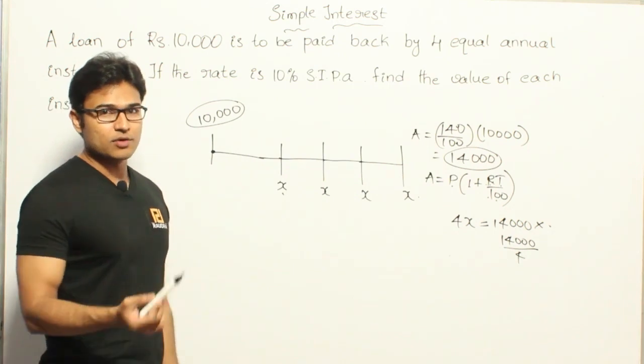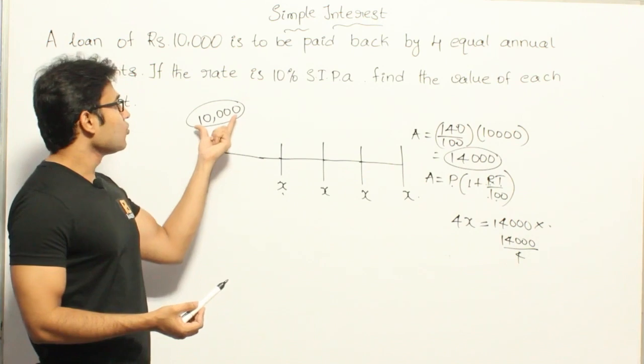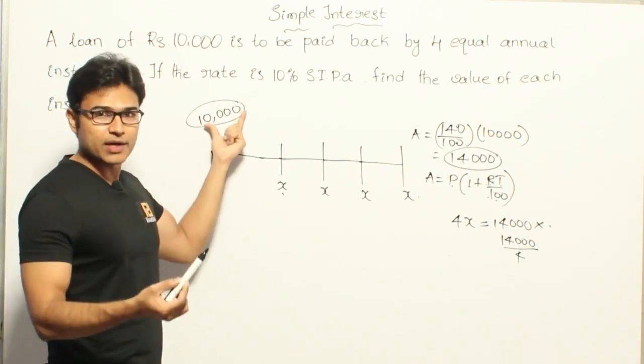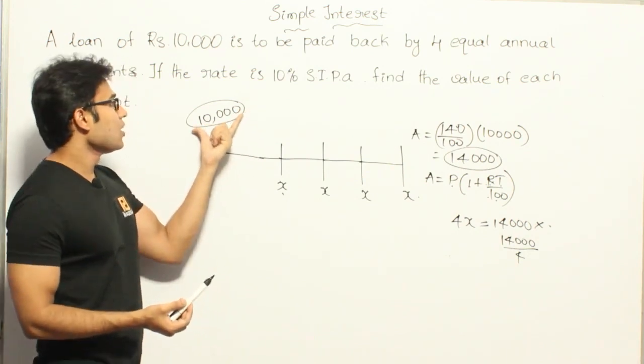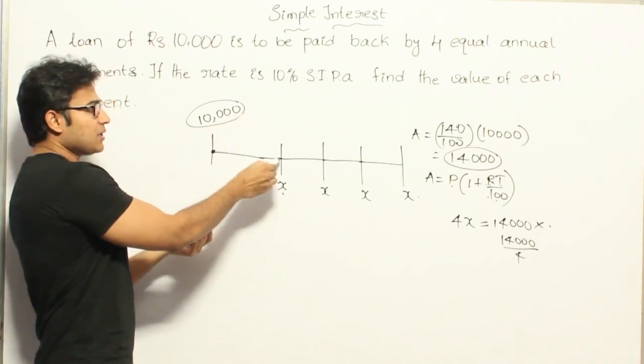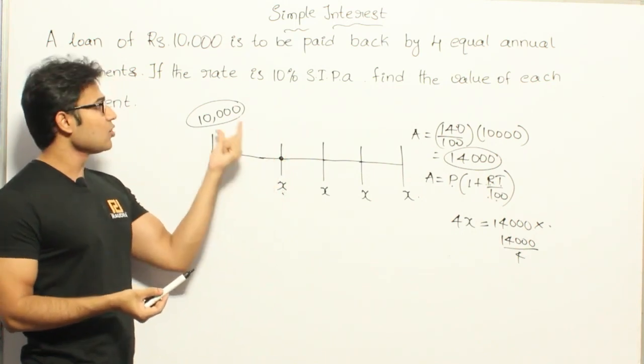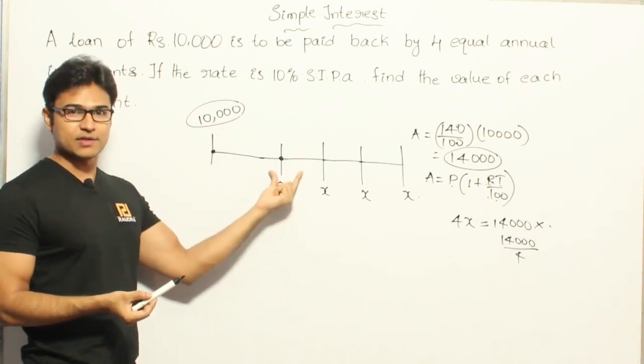Why? Even this one is increasing. So if you are not able to understand this logic, the other logic is, even though you are going to owe means you have to pay, right? Even though you are going to owe 10,000 rupees at this point, by the time you reach here, you are not going to owe 10,000 rupees. You are going to owe only 10,000 minus X, isn't it?